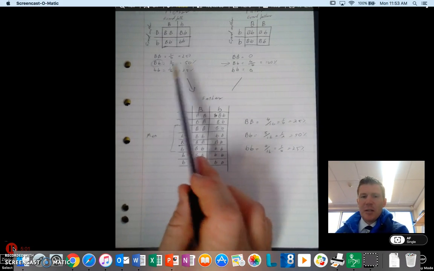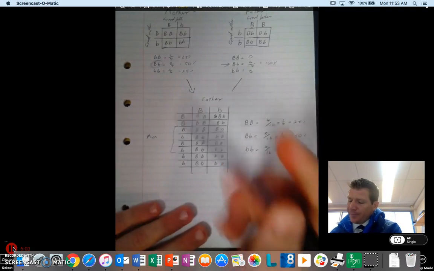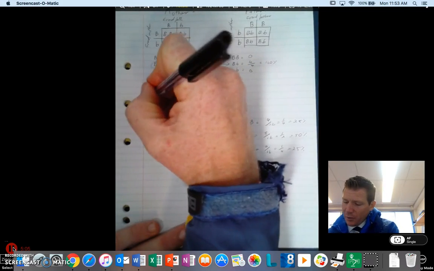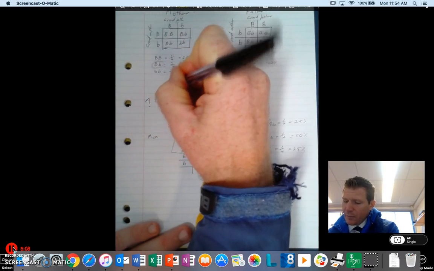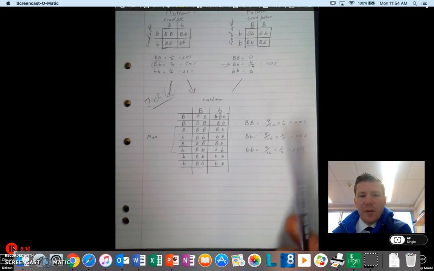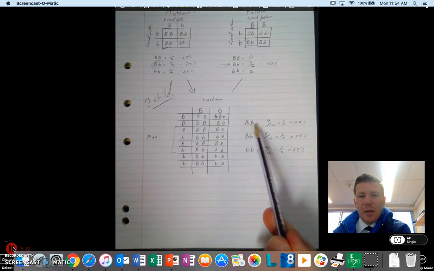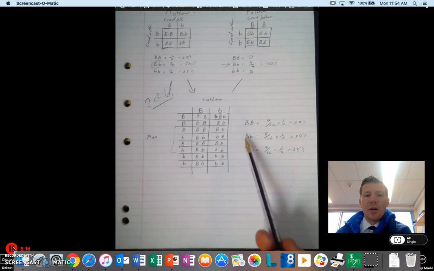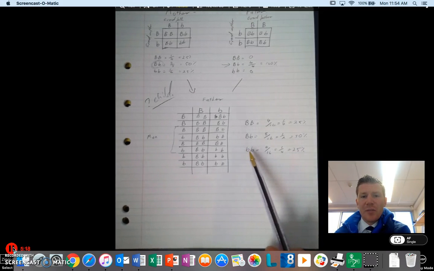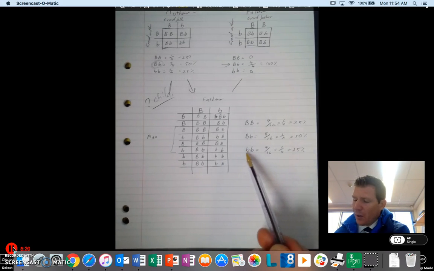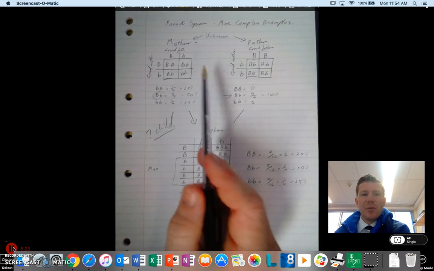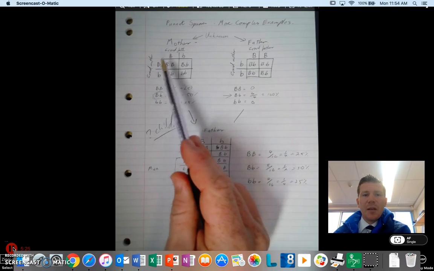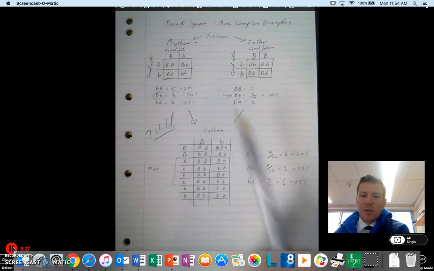So what we're saying now is that the unknown child has a 25% chance of being homozygous dominant, a 50% chance of being heterozygous dominant, and a 25% chance of being homozygous recessive. And we're able to do that using its grandparents' genotypes.